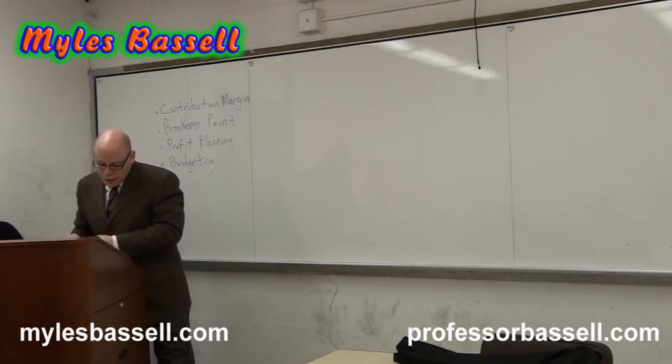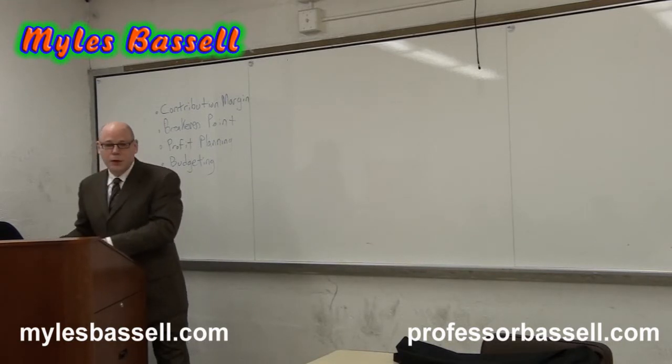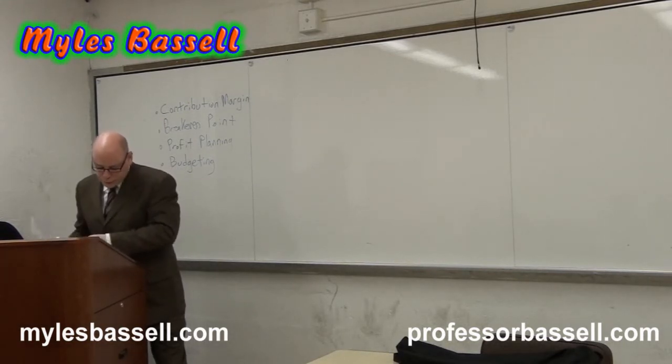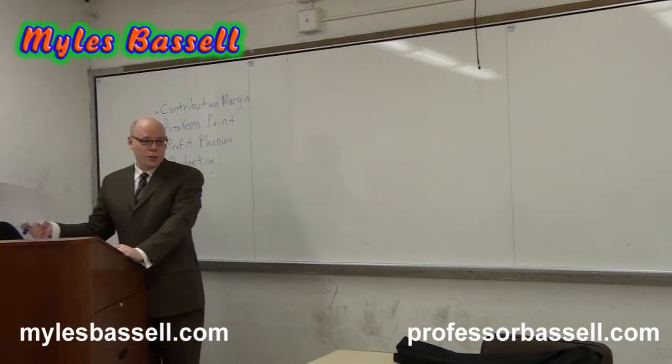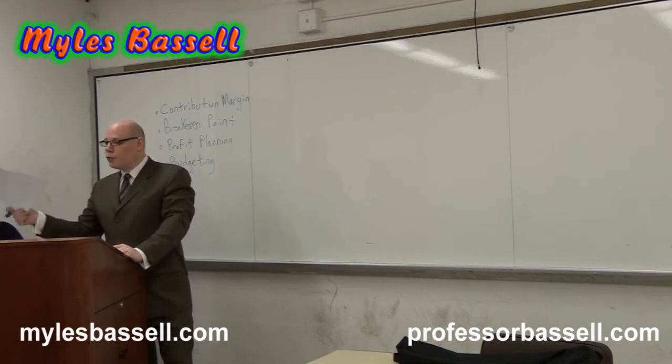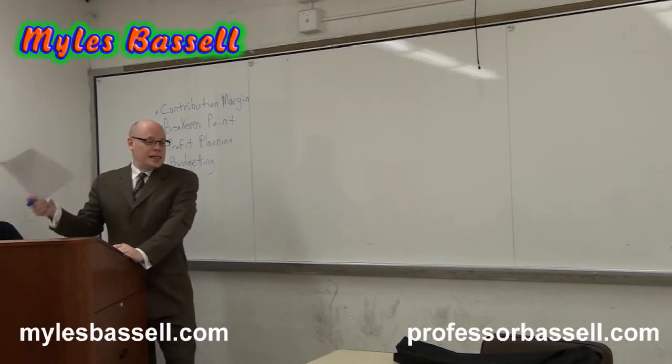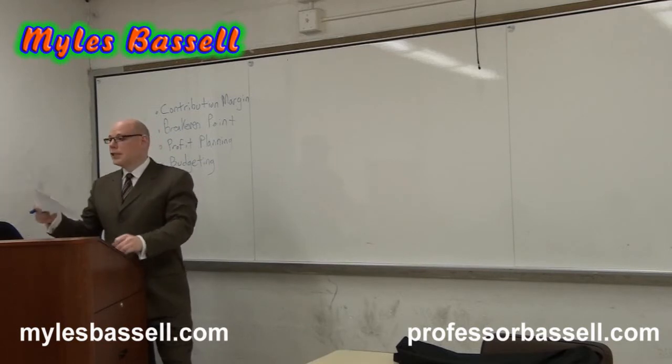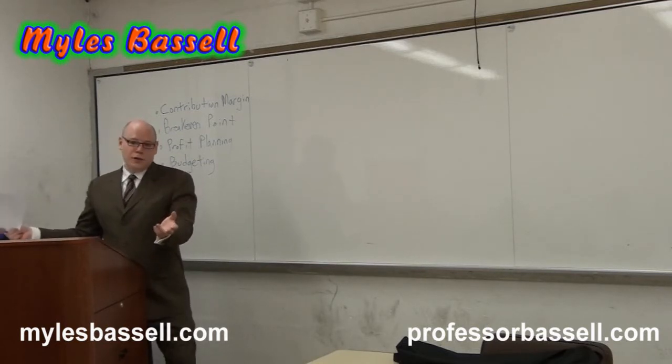So this one is asking us to calculate the break-even point for a multi-product company. In some cases, the company might only make one product. In other cases, they might make 2 products, 3 products. Sometimes they make thousands of different products.